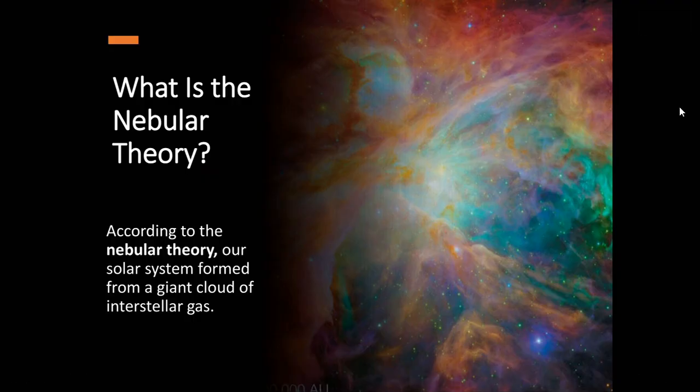So the Nebular Theory is that our solar system, and as it turns out, all of the star systems in the galaxy and in the universe, all start from a giant cloud of interstellar gas.